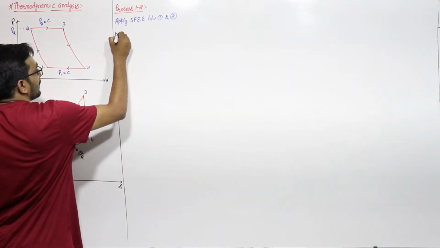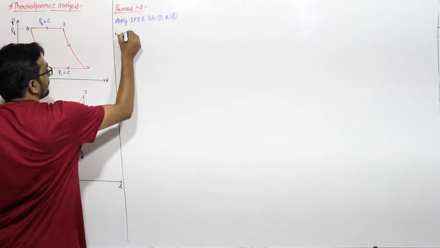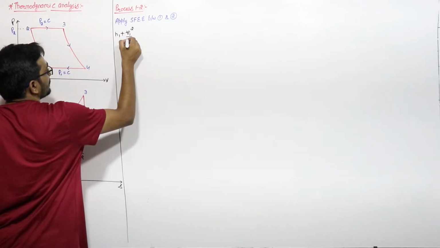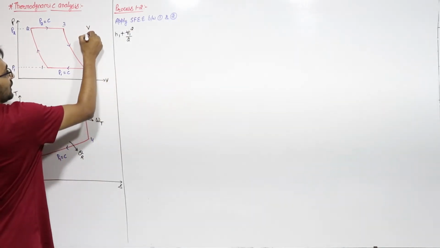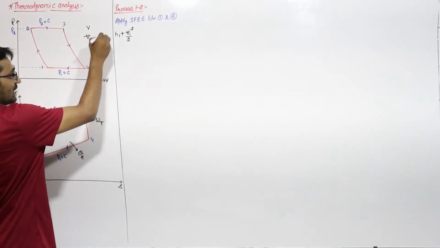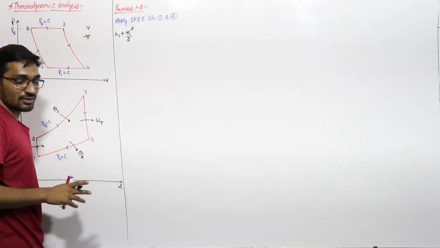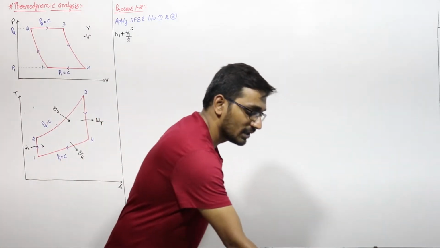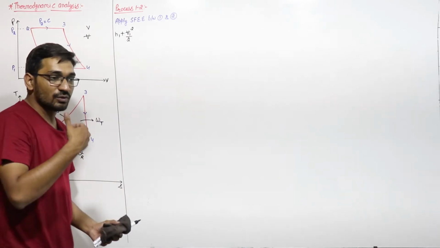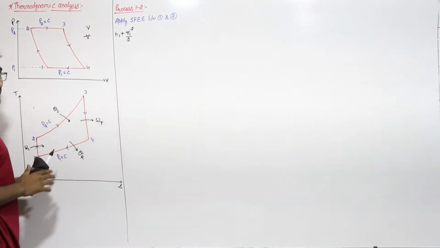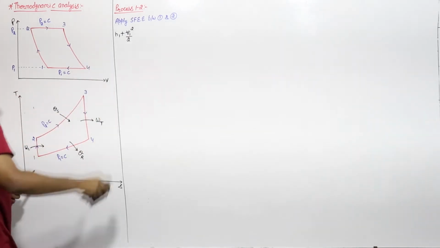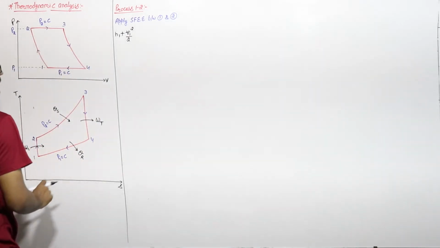This is H1 plus V1 square by 2. This is velocity. I write velocity with a V bar like this; if I write plain V, this is volume. So that there should not be any confusion, right? During my complete course of mechanical engineering, I am writing velocity like this and volume like this, so that you will not be confused.